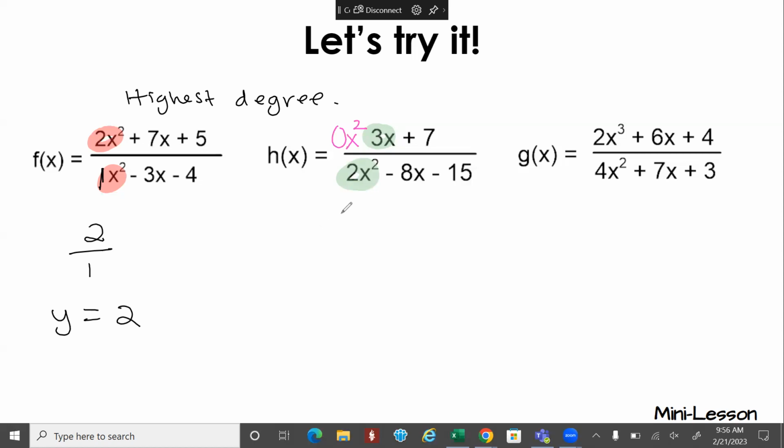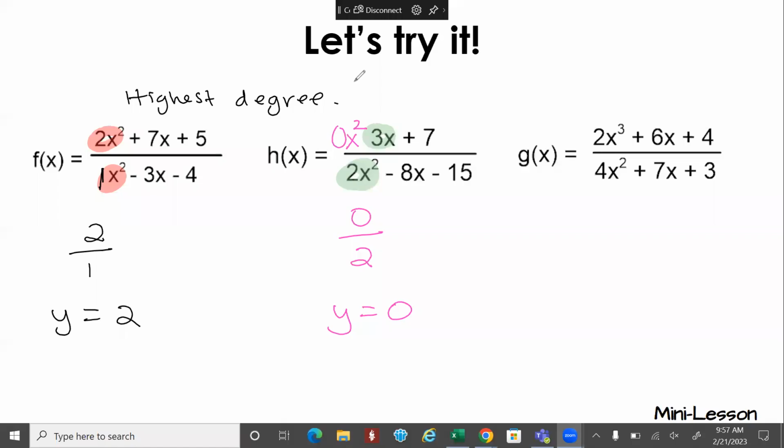So now they're the same degrees, so now we can divide. So what is 0 divided by 2? 0, right? So that's going to have a horizontal asymptote at y equals 0. In this one, whatever the degree is, you're going to have a 0x, whatever the number is.